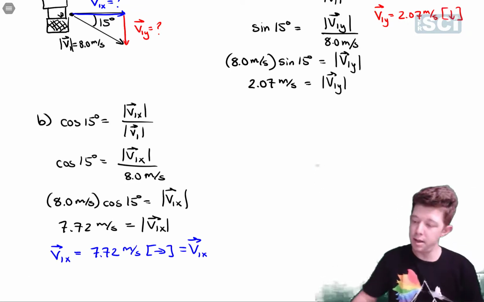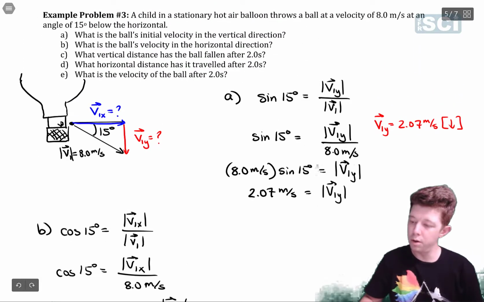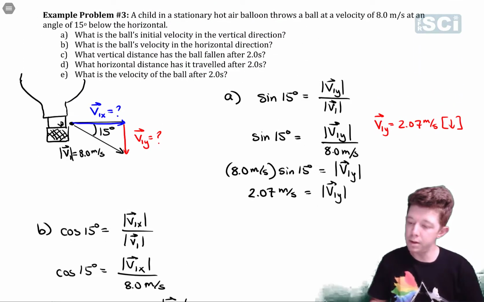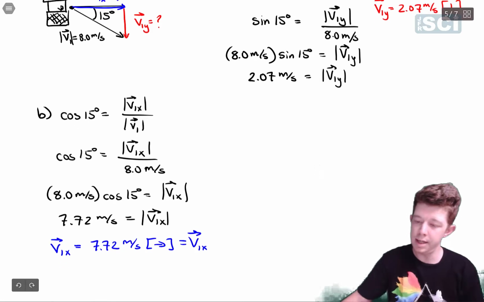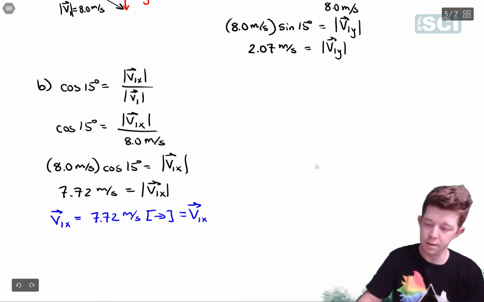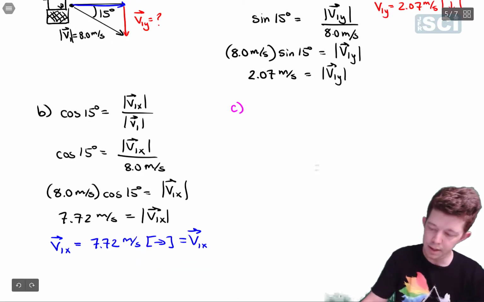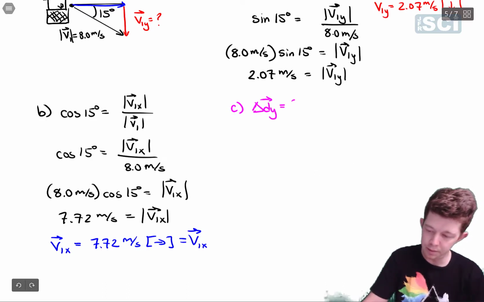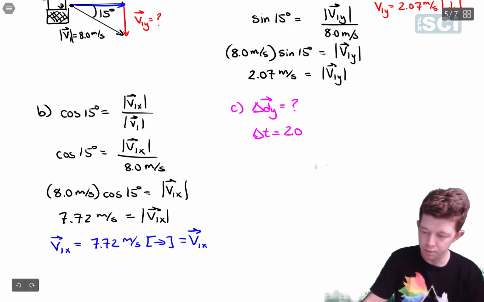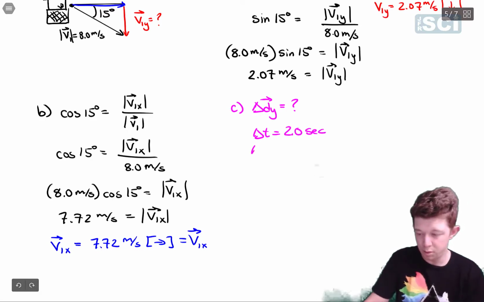All right, so C part. C part asks us how far vertically does this thing travel in the first 2 seconds. So we want to find delta dy, if the time is 2.0 seconds. Well, it's going to experience acceleration.